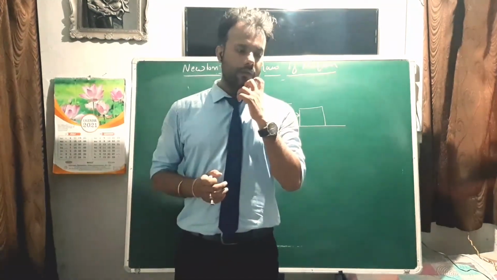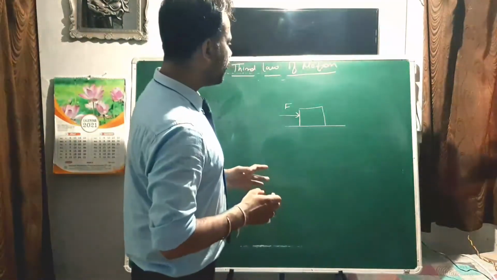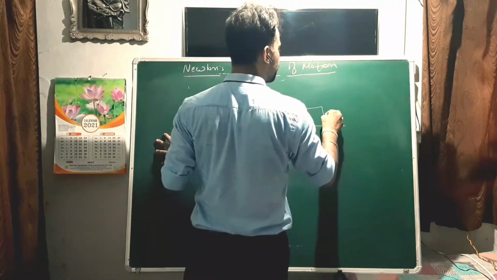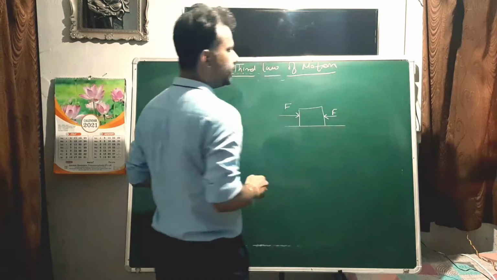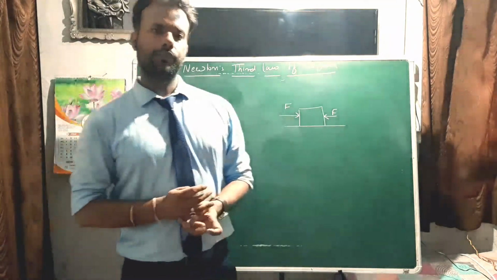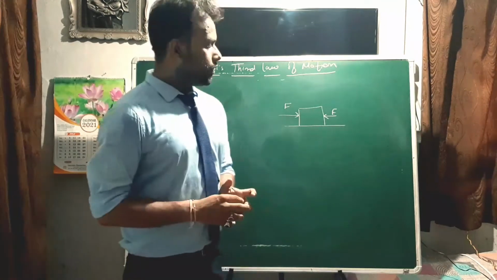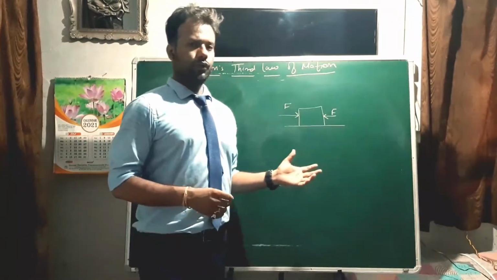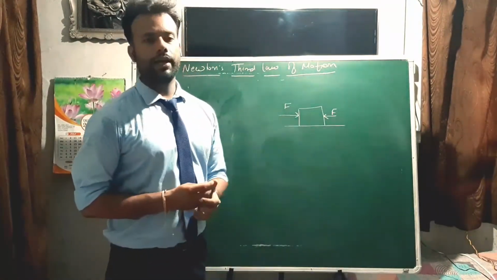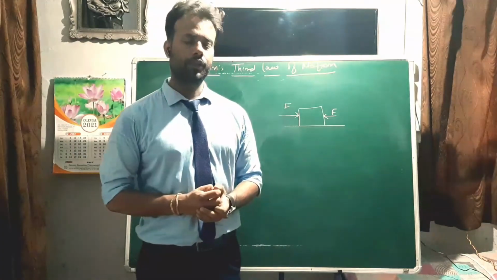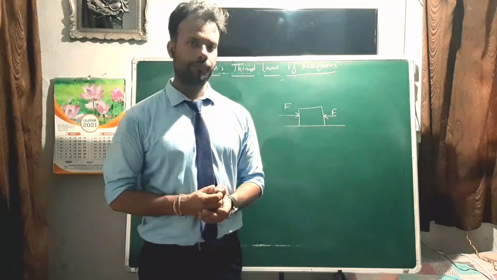Now if another force of the same magnitude acts from the other side, then what will happen? Does the body move? No, the body will not move. So when an equal amount of force acts from the other side, this body will remain stationary.